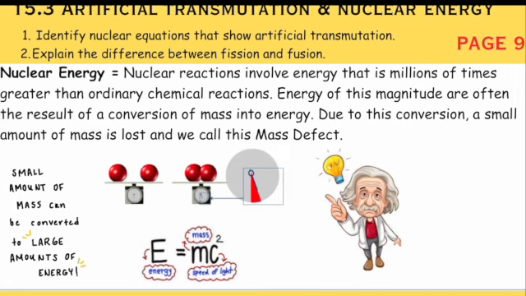We start out with a certain amount of mass, our atoms, but as a result of our transmutation reaction, some of that mass is lost because it converts into a large amount of energy. Mass defect just means that when nuclear energy is produced using these transmutation reactions, a small amount of mass can be converted to large amounts of energy.